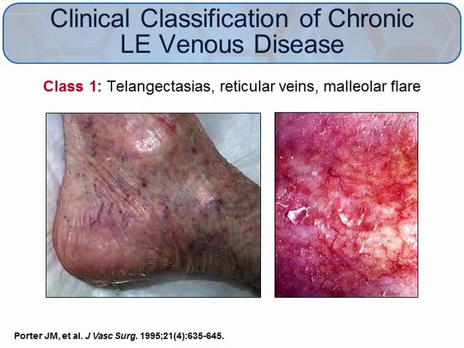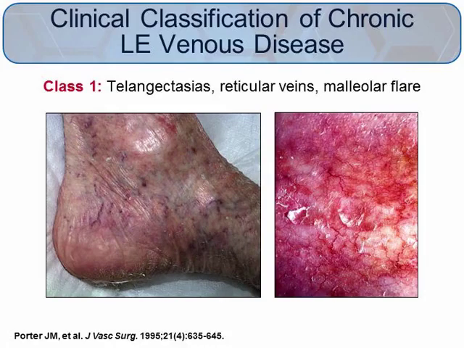In Class 1 disease, there's the presence of telangiectasias, which are the tiny red dermal veins less than 1 millimeter in diameter, and dilated reticular veins, which are also dermal veins, but they're blue, and they're 1 to 3 millimeters in diameter and non-palpable. When you have telangiectasias and dilated reticular veins below the malleoli, especially the medial malleolus, this is called malleolar flare.